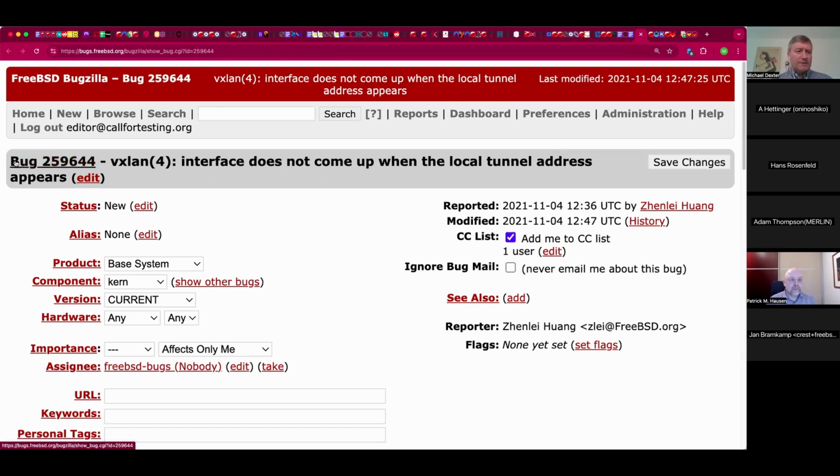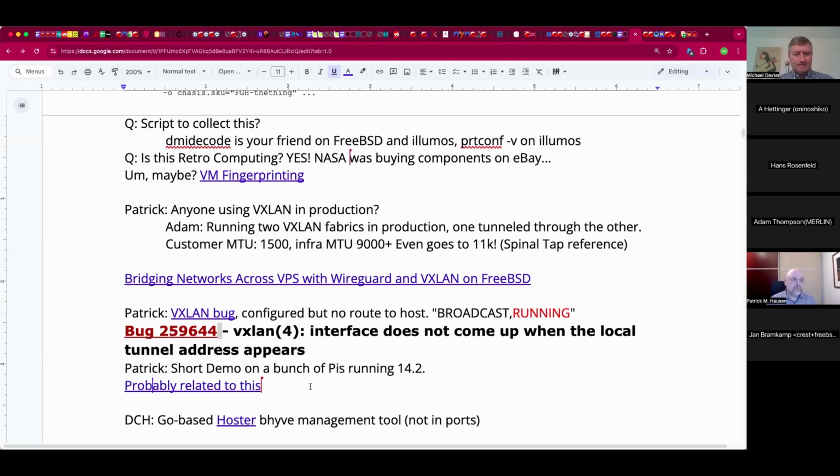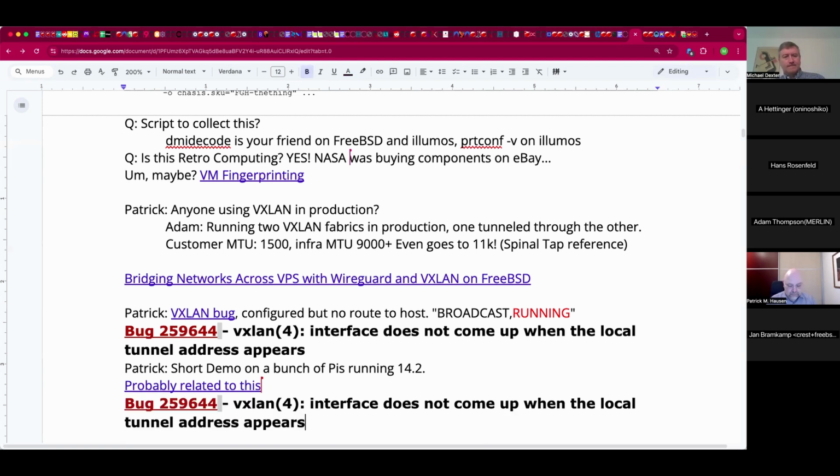Basically, the comment says that something like that was in the GIF interface and was fixed there, and a similar fix would be for the VXLAN. Do I read that correctly?